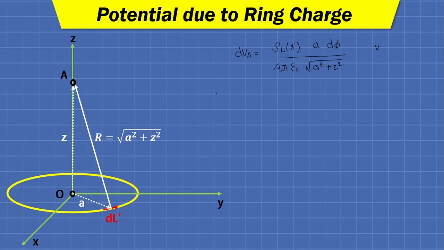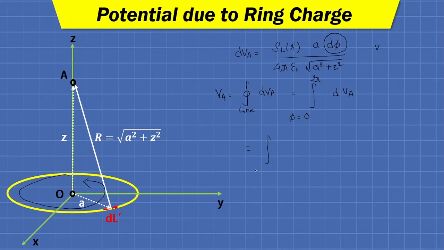So VA can be written as the closed line integration of dVA. For the line integration, d phi is the variable of integration. To cover the whole ring, the limit of phi should be 0 to 2 pi. So phi will be considered from 0 radian to 2 pi radian for dVA.